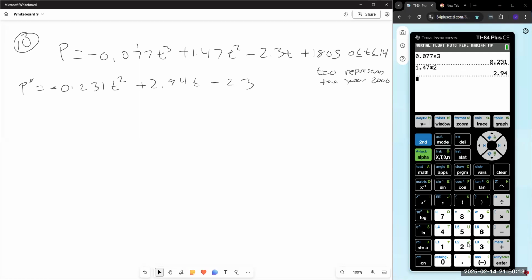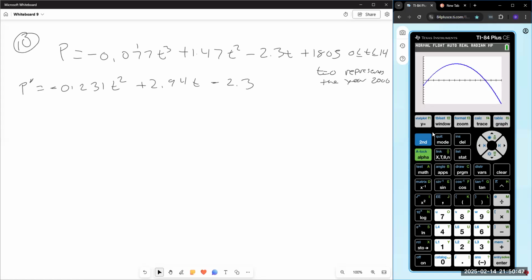I'm going to put that in y equals negative 0.231 x squared plus 2.94x minus 2.3, and zoom 6, and I'm going to come to the right a little bit, 0 to, let's say, 15. Here is my domain.